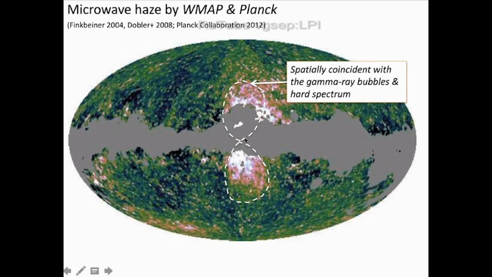And the microwave haze also has a very hard spectrum. Okay, so it suggests that they share the same origin. And you can also see that instead of the flat intensity distribution of the gamma ray bubble, the microwave haze tends to have decreasing intensity away from the galactic center, which is consistent with the decaying magnetic field strength away from the galactic center.